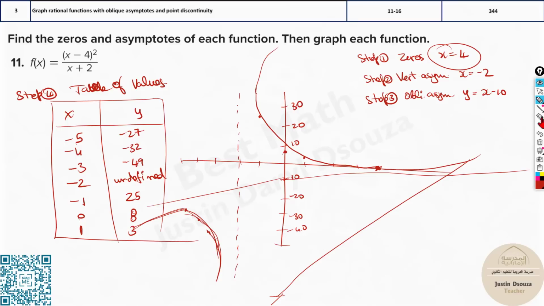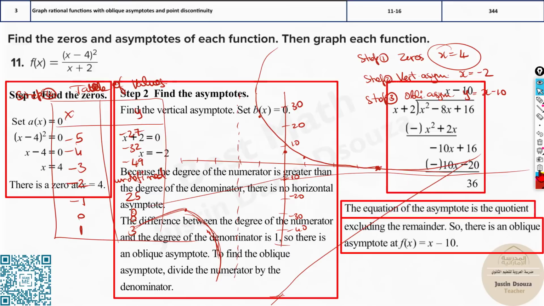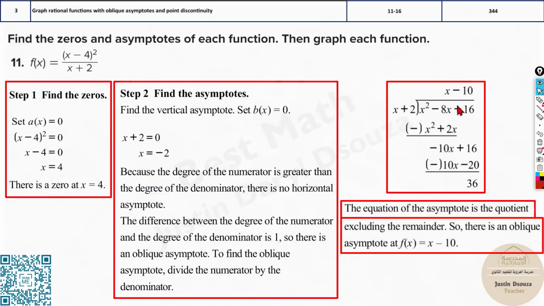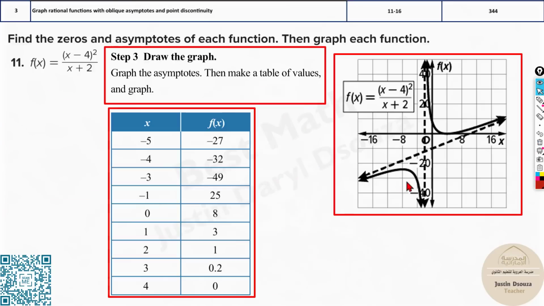Let me show you the original graph and let's see. So those are the answers we got. And over here you can see this is the graph. Now the problem is, because of the scale, we had the issue. Here what they have done is 4, 8, 12 and so on as the x scale, and this is minus 10, 20, 30.